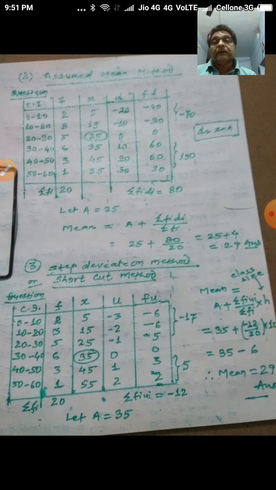The second method is the assumed mean method, where we suppose one value from x, naturally from the middle, which is a, and then we use the formula mean equal to a plus sigma fi di by sigma fi. And the third method is the step deviation method, also called the shortcut method, where we use the formula mean equal to a plus sigma fi ui divided by sigma fi, into h.